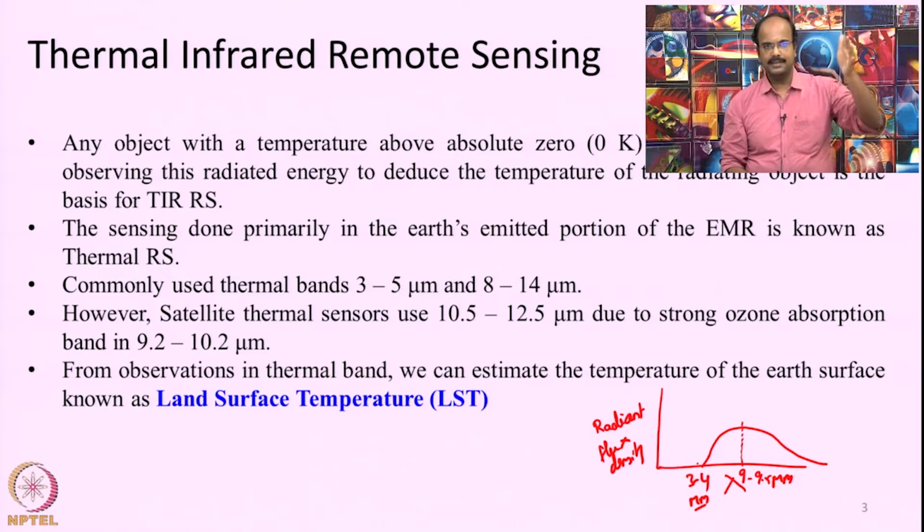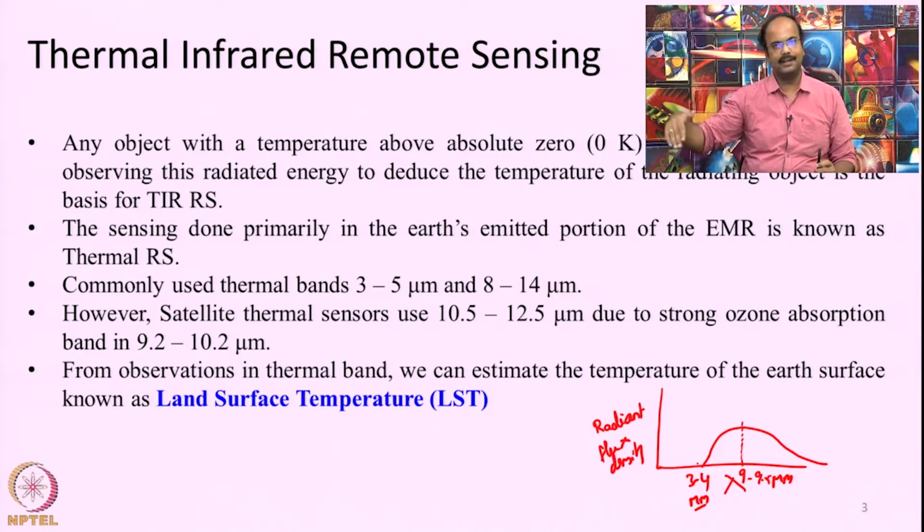Starting from this SWIR range, the emission from the Earth's surface will start to rise and reach the peak around 9 to 9.5 micrometers wavelength, and then slowly it will start to fall after it. It will have a long tail and will not reach zero immediately, but will continue for quite a long wavelength.